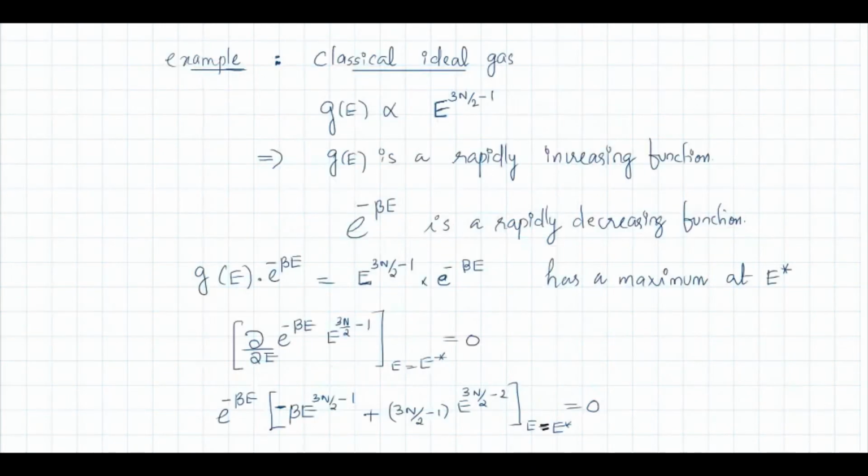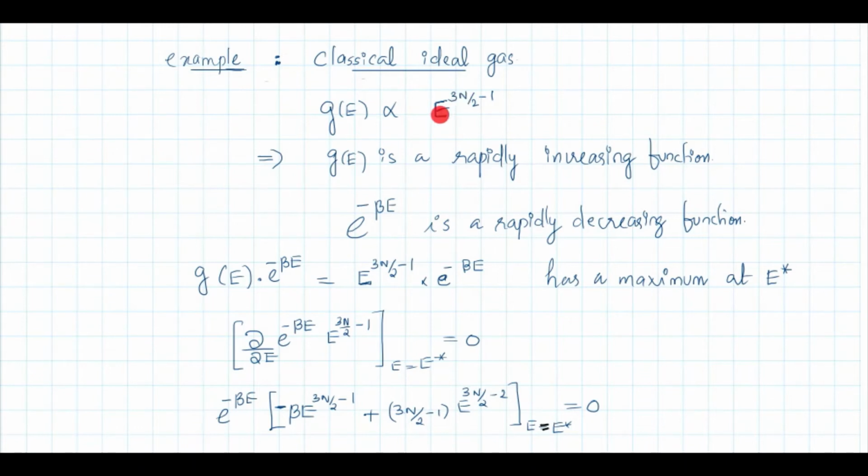Now we will consider the example of a classical ideal gas. For a classical ideal gas, the density of states G of E is proportional to E raised to 3n by 2 minus 1. This we calculated in the last lecture using the partition function. We can see that G of E is a rapidly increasing function.